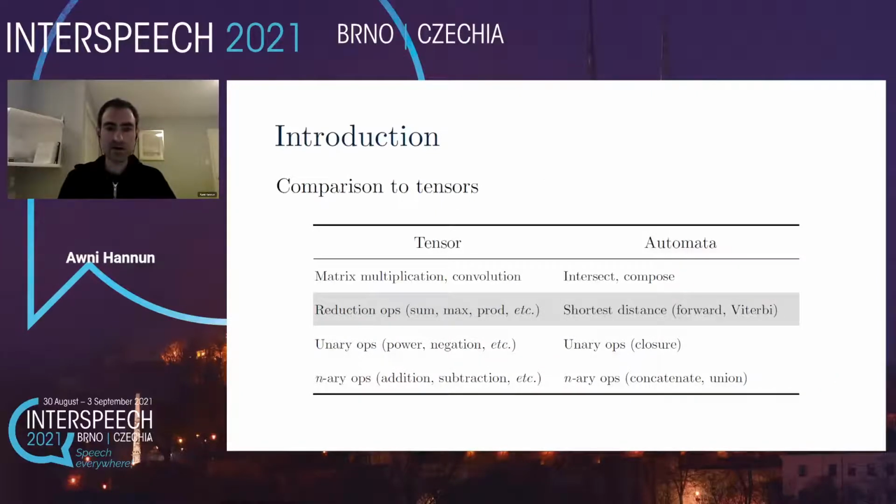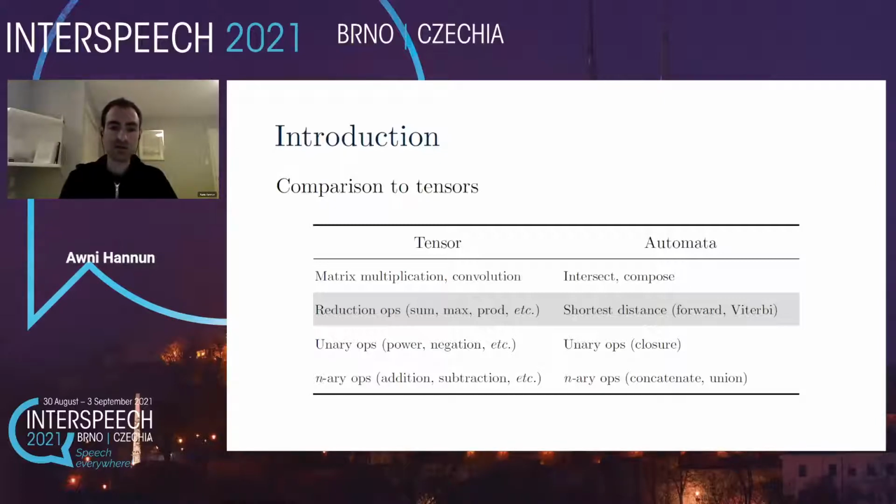There's another nice way to think about automata, which I think helps build intuition for those that are relatively new to them, and that's to compare them to tensors. This is a slide which you can come back to every now and then and see, as you get more familiar with the operations on automata, which operations they're similar to with respect to tensors.